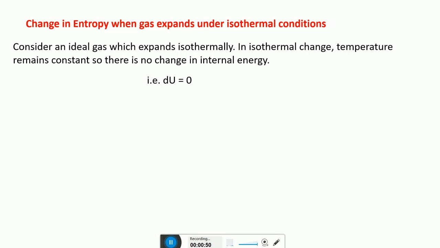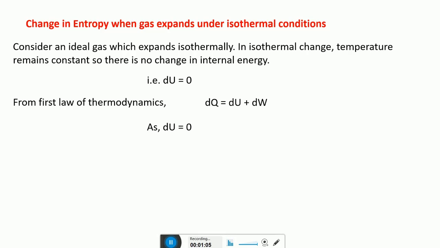to 0. So according to the first law of thermodynamics, dQ is equal to dU plus dW. As dU is equal to 0, we get dQ is equal to dW. And again dW is equal to PdV.